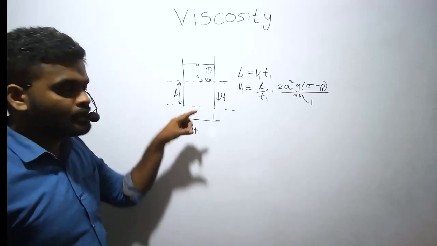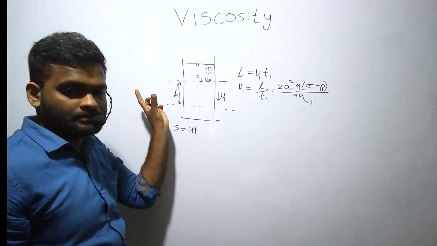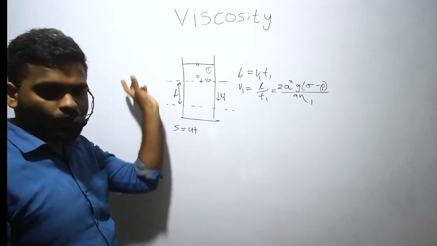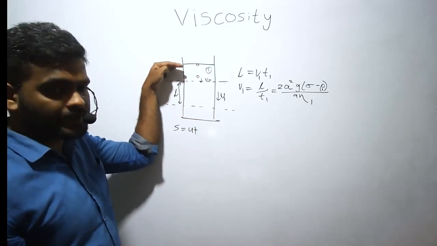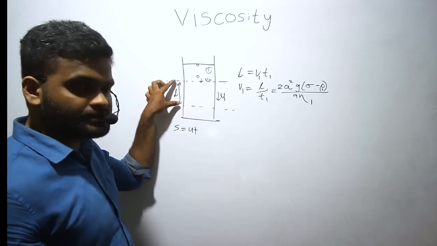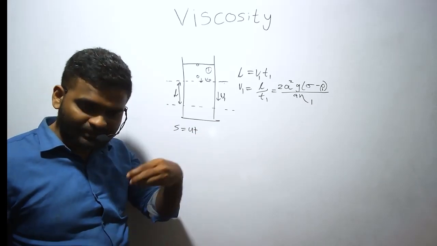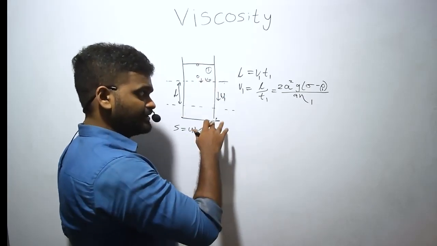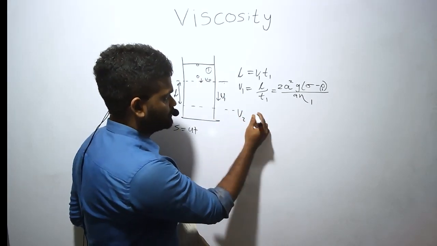Then what do you do? You empty the beaker. Then you put another liquid, let's say some type of oil, to the same height. You keep the level the same. Only the liquid is changed. So for the next liquid, terminal velocity is obviously different. So it is V2.